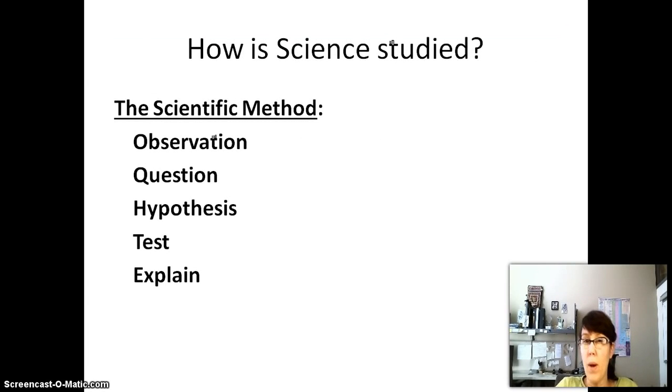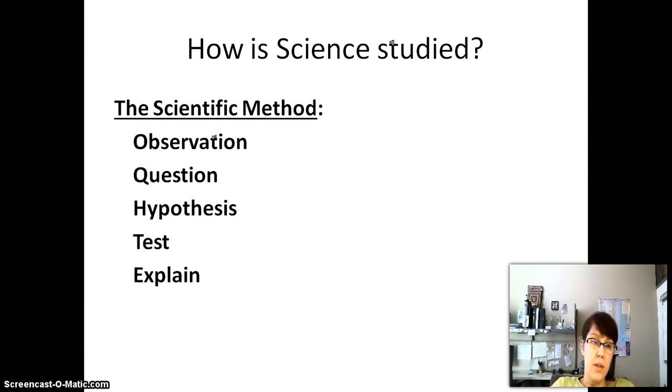Now, what is the scientific method? Well, it's a process, and the process involves the following things. You make observations about the world or a particular phenomenon. From that, you will ask a question or questions. How does this work? Why? And then you will come up with hypotheses.